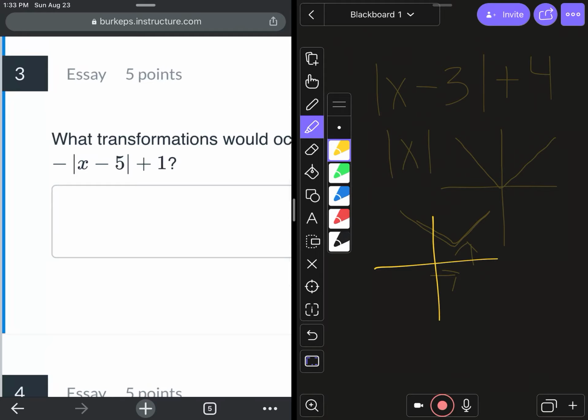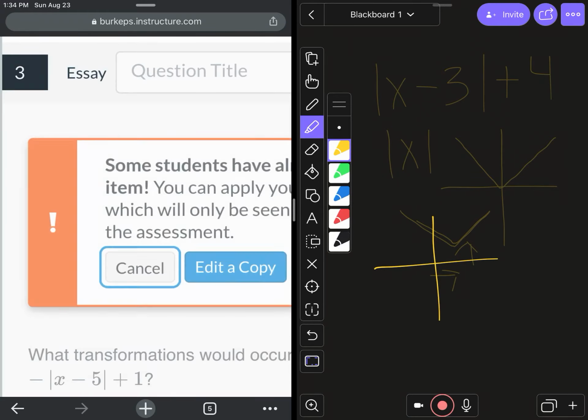And there's a specific order that's going to happen. It's going to start by flipping it over the x-axis. Then it's going to move that right 5. And finally, it's going to shift that whole thing up 1.